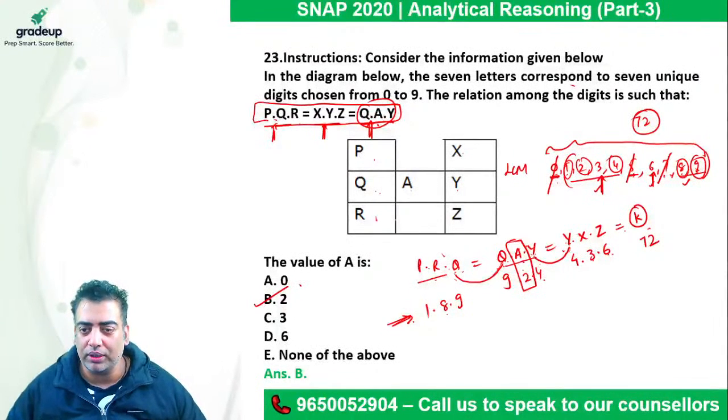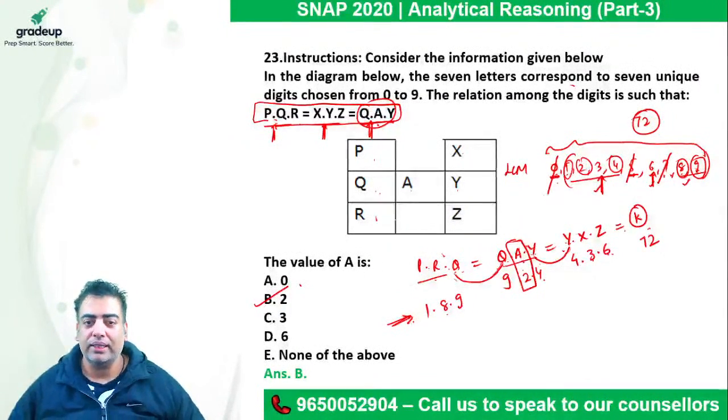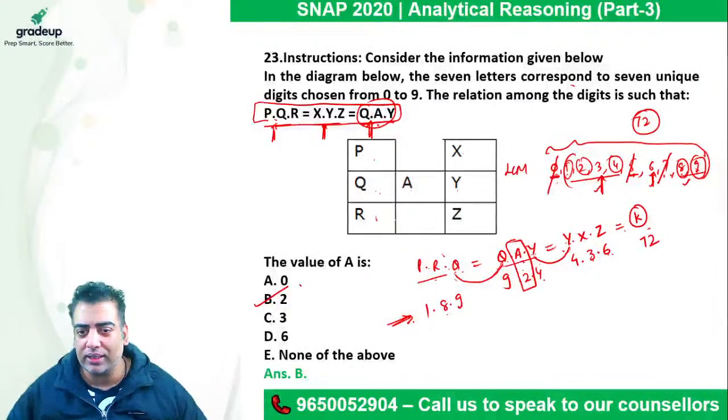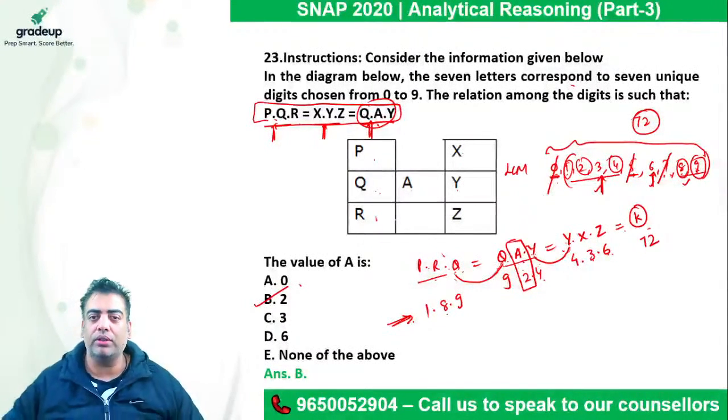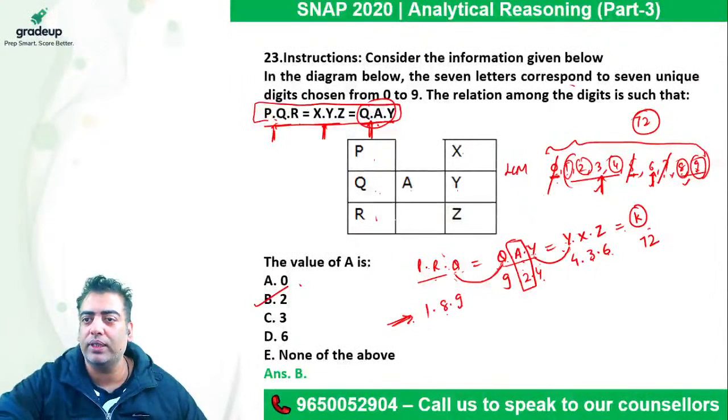Waiting for your response. Now, I hope it is clear. The moment 0, 5, 7 go out, 7 alphabets and 7 digits are left. Then I equated the product to K, and K is going to be a common multiple. Right. Good. Okay, so let's take it further now.